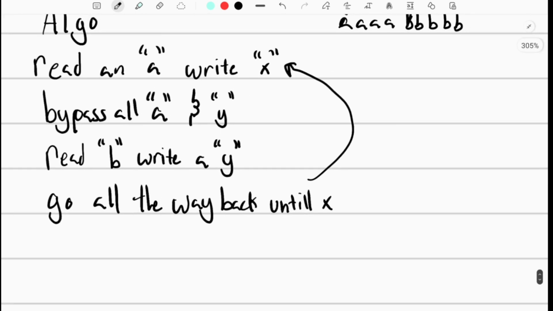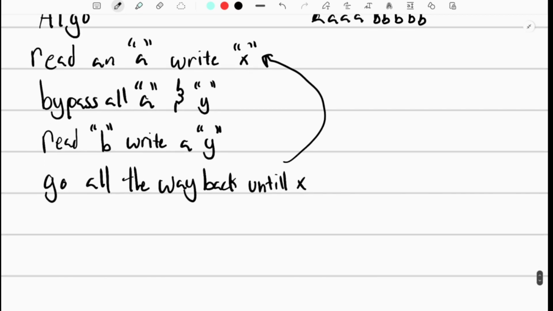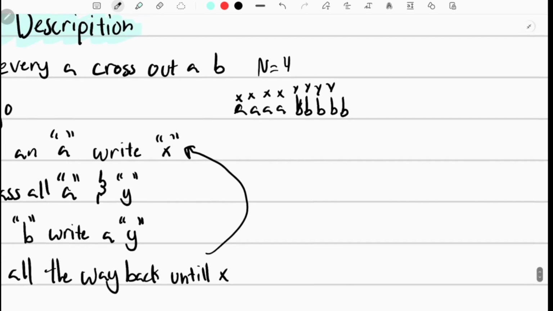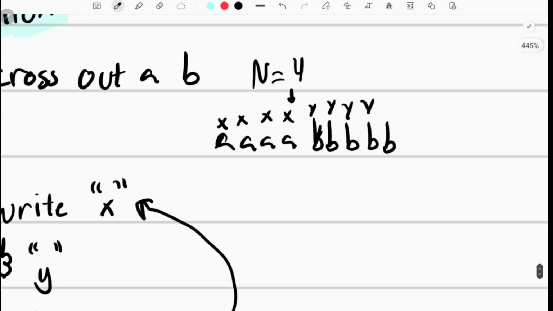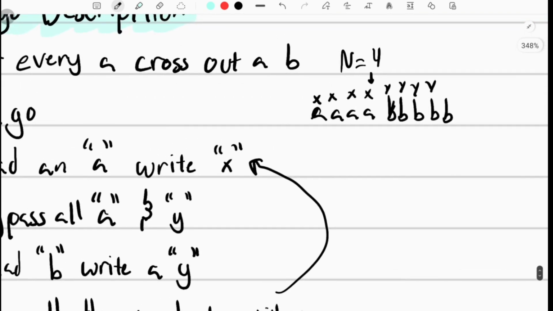And then that's pretty much it. We could have a condition once we're done reading all the A's and writing an X. If all we have is Y's, we're pretty much done, because so we have X, X, X, Y, Y. Say our head is right here. Normally we would read an A and then write an X and then move to the right, but nothing to the right is going to be an A, so that means we're done matching 1 to 1.